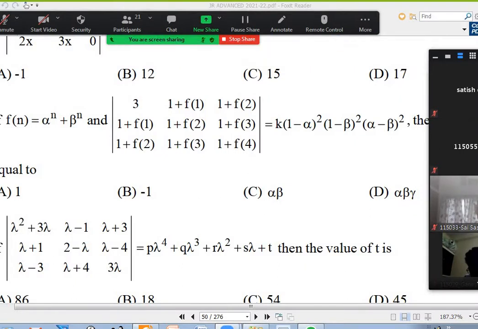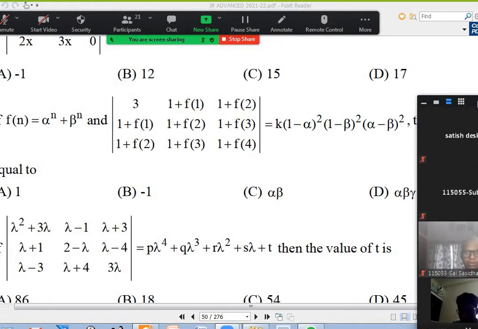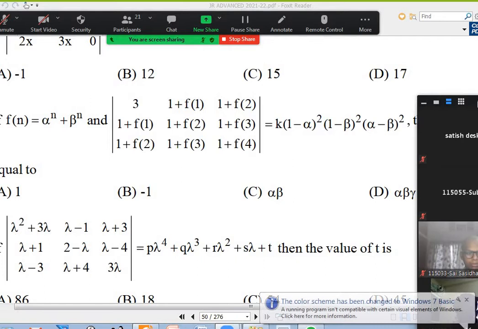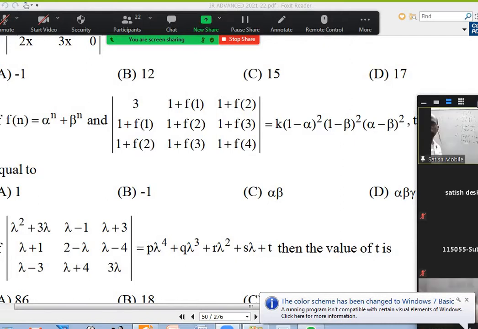Yeah, 18th question. Anybody want to give any idea? We did this question in the class earlier. Maybe if I write the LHS determinant, somebody may give an idea. See, Harika, are you there in the class? Rupesh, are you there in the class?